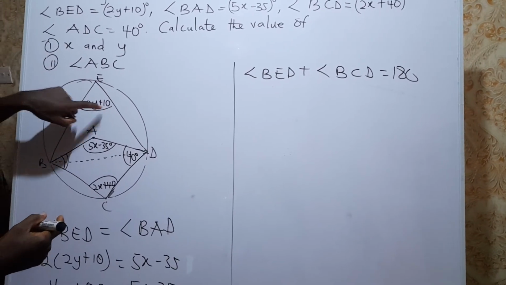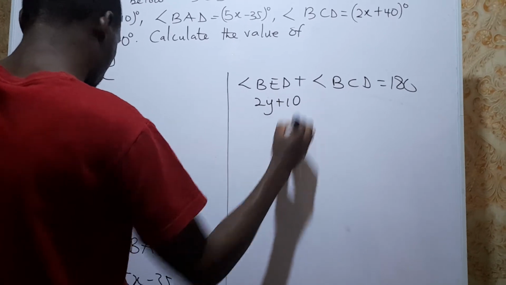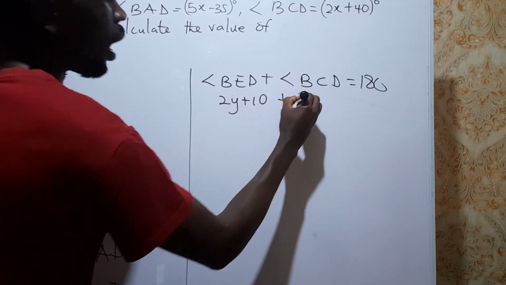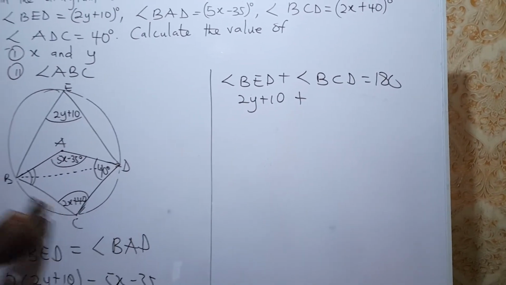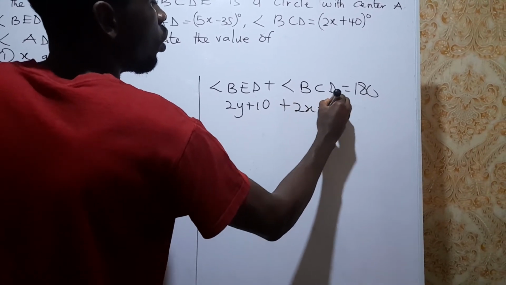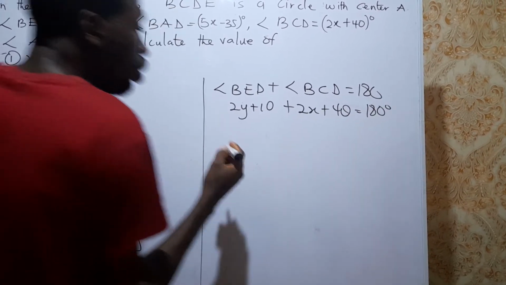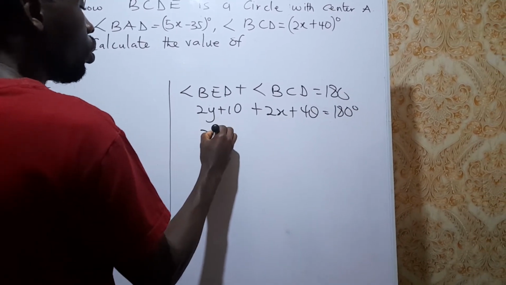Angle BED is 2y plus 10. Then plus BCD. BCD is 2x plus 40. 2x plus 40 will be equal to 180 degrees. So we can group the variables.